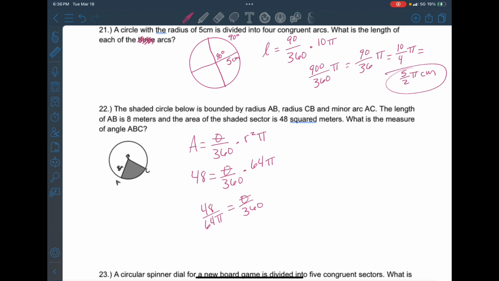And then we have 360 divided into theta, so we're going to multiply it. And our calculators are pretty smart. We can do all that at the same time.